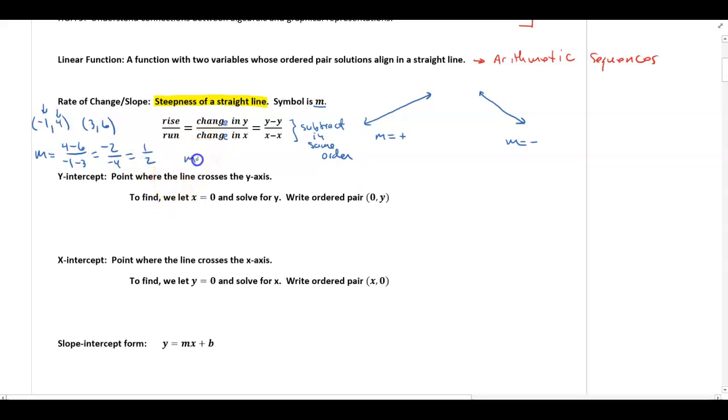Now, it doesn't matter if you go the other way. Say I go 6 minus 4 over, now I do 3 minus -1. You have to remember when you subtract a negative, you change it to plus 1. 6 minus 4 would give you 2 over 4, which again reduces to 1/2.